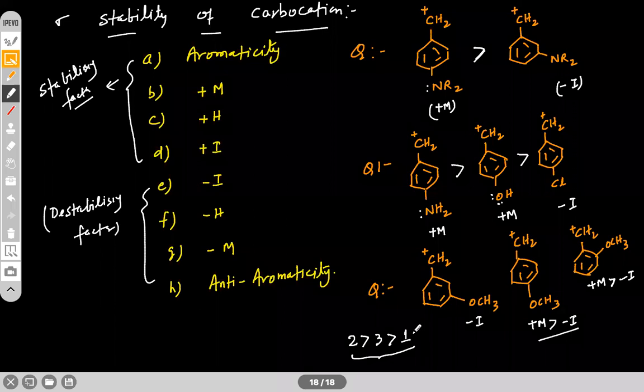Is it clear? Any doubt in this? Yeah. Did you understand this?